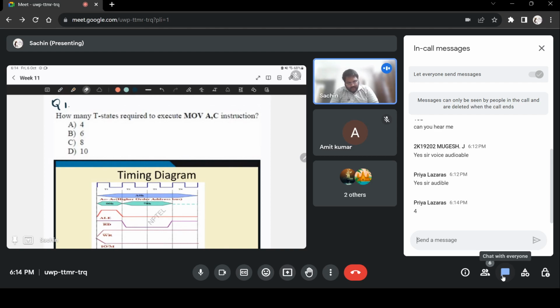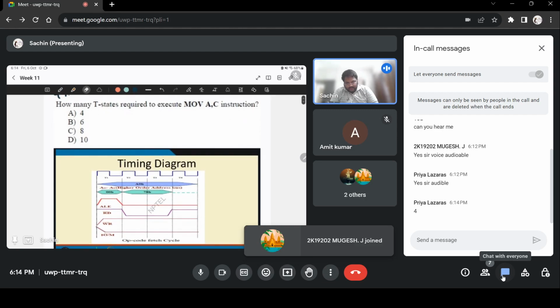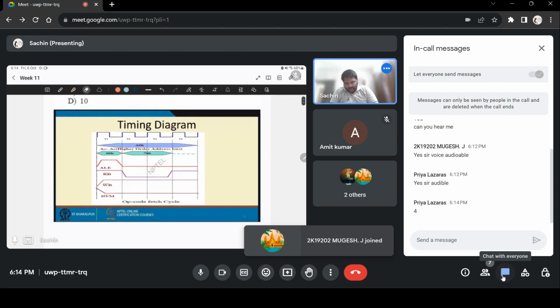So you'll have to go and check the datasheet of the microprocessor to know how many T states each instruction will take. But since in this course we are dealing only with 8085 microprocessor, then we can assume that the question is also asking only about 8085 microprocessor. And for 8085, for move instruction you need 4 clock cycles or 4 T states.